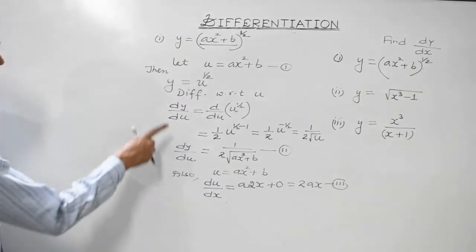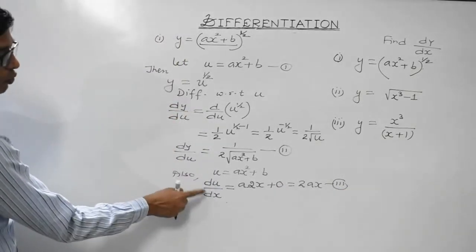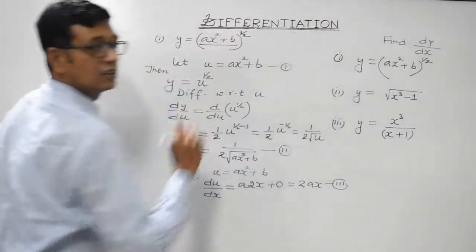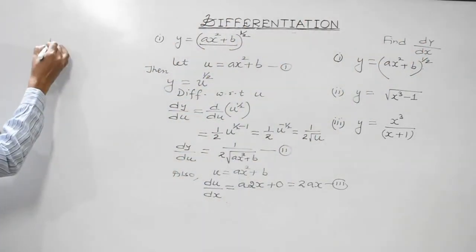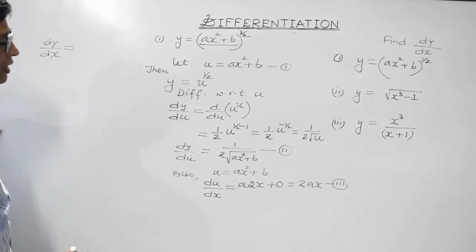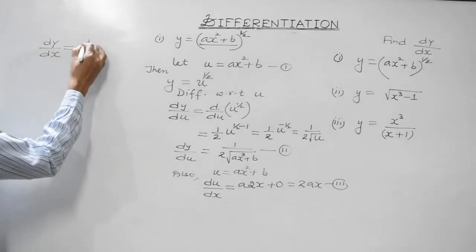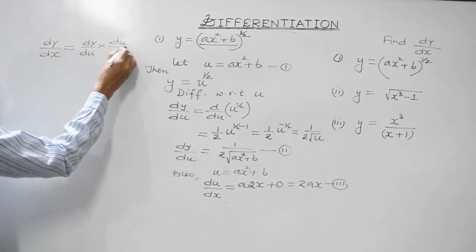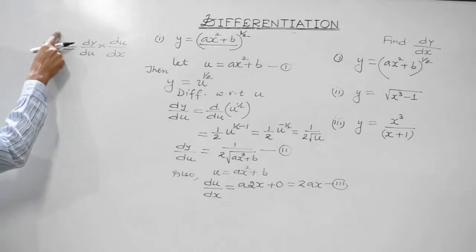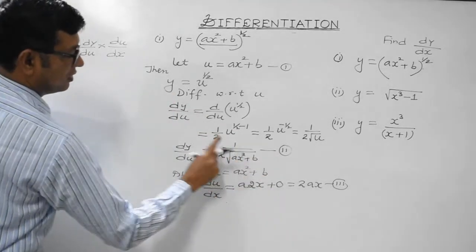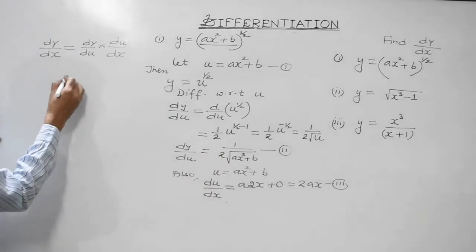Now look, this is dy by du, this is du by dx. We need to find dy by dx. Right? Now, use simple logic. Dy by dx would be definitely equal to dy by du multiplied by du by dx. Isn't it? Dy by dx is to be found. It can be given by the product of second and third. Dy by du, we are aware of it.